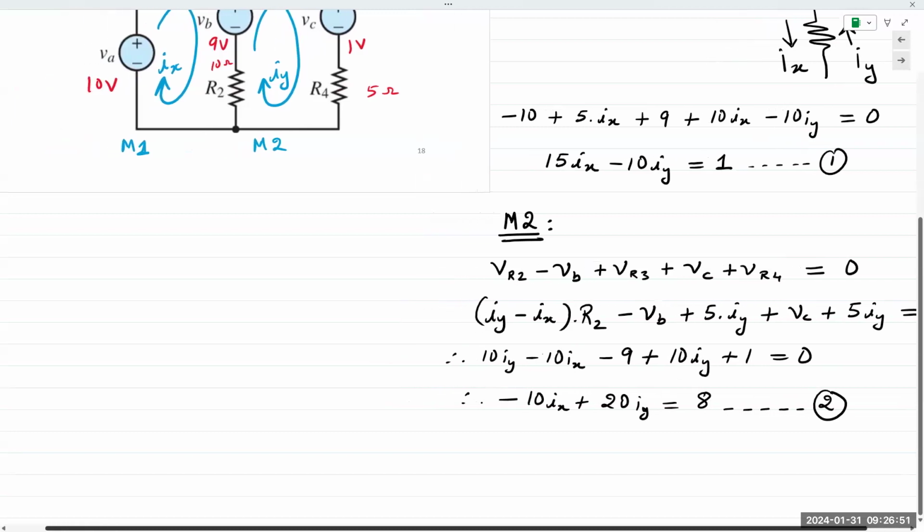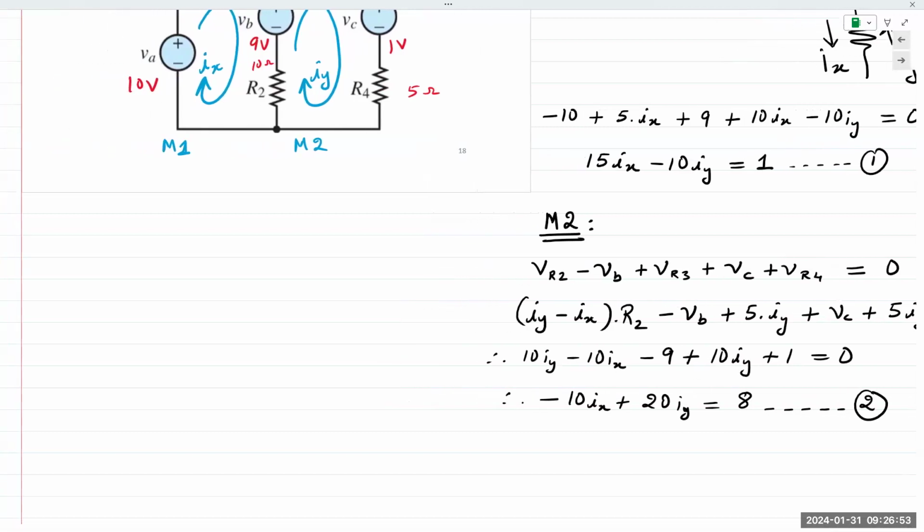If I say equation 1 times 2 and equation 2 times 3, I would obtain 30 times IX minus 20 times IY is equal to 2.